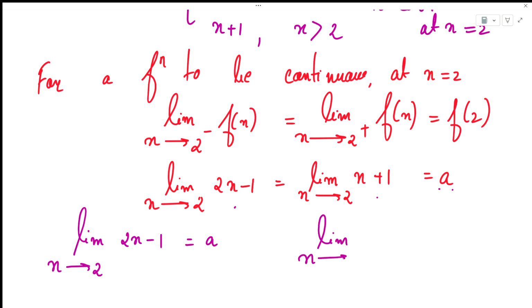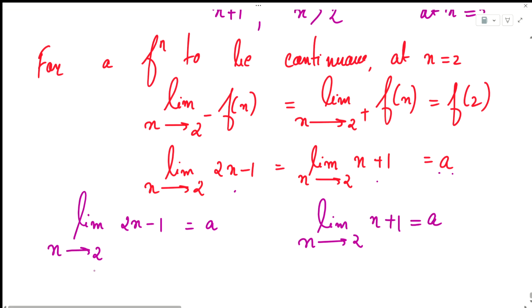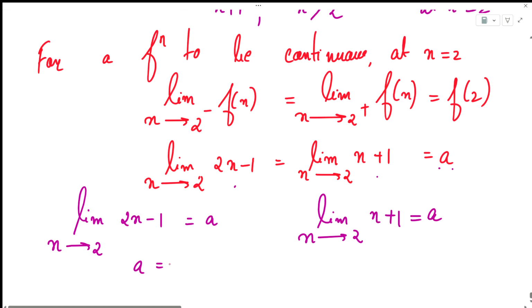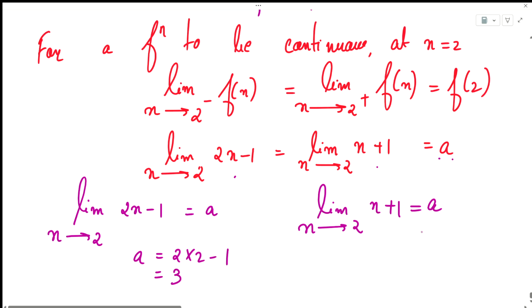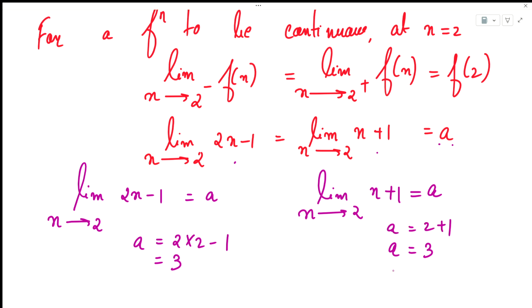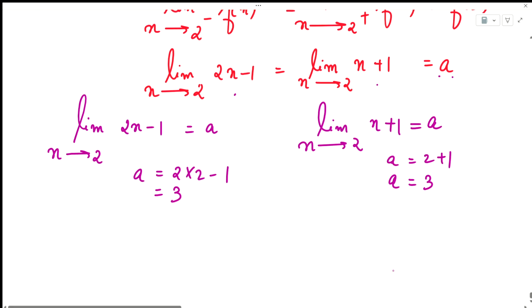Limit x tends to 2, x plus 1 equal to a. So if you put the value of x as 2, a will be 2 times 2 minus 1, which is 3. Likewise, over here, your a value will be 2 plus 1, that is 3. Okay, so my answer is 3. Okay, so moving on to the next question.